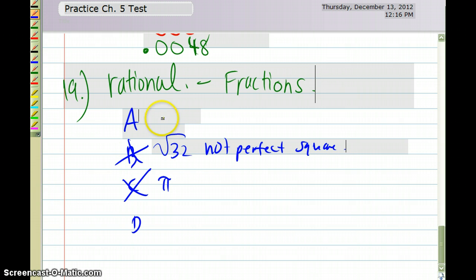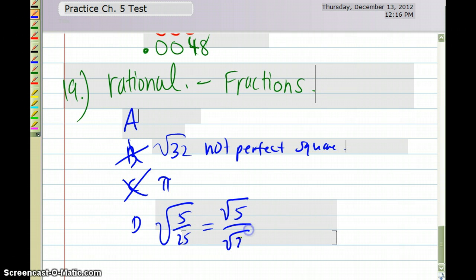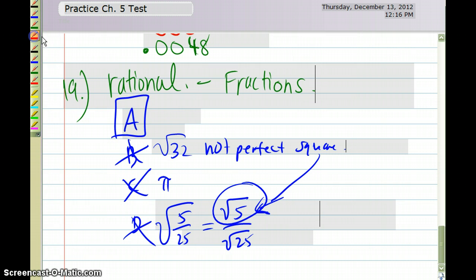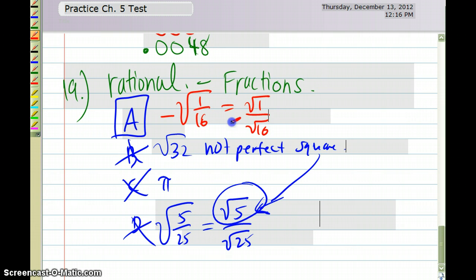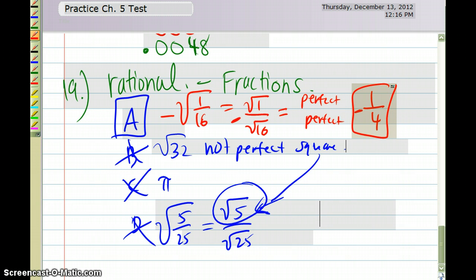And D is the square root of 5/25, which is the same as square root of 5 over square root of 25, but we also don't have a perfect square root for this part, so definitely not D. So A is my answer, because negative square root of 1/16 is a fraction that can be the square root of 1 over the square root of 16, and still negative, which gives us two perfect square roots, which is 1/4 with a negative in the front. That's why A is rational.